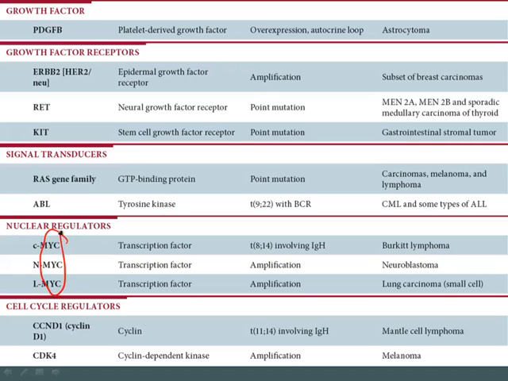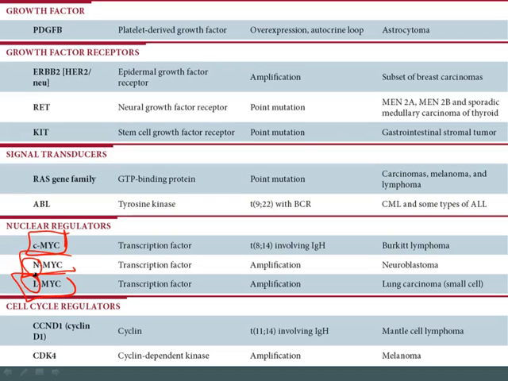What I would remind yourself of here is that the three key MYCs to be familiar with are CMYC, which is associated with Burkitt's lymphoma, NMYC, and the N helps you to remember neuroblastoma, and LMYC, which is associated with small cell lung carcinoma, so the L will help you to remember lung.